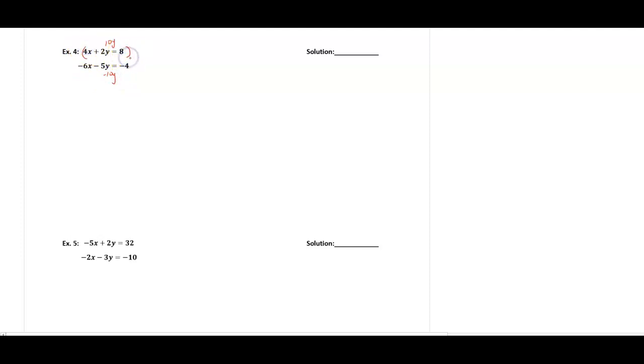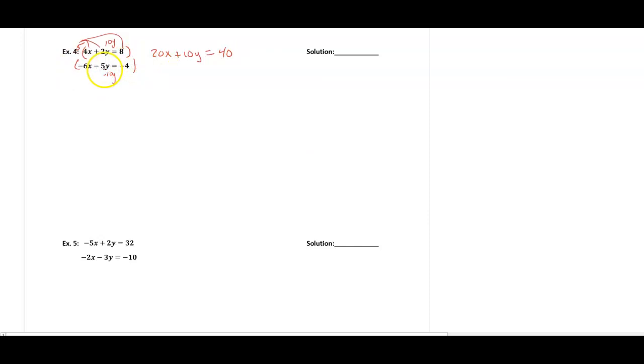So what would I have to multiply this top equation by? Well, what times 2 would give me 10? 5. So that top equation is now going to become 5 times 4x is 20x. 5 times 2y is plus 10y equals 5 times 8 is 40.